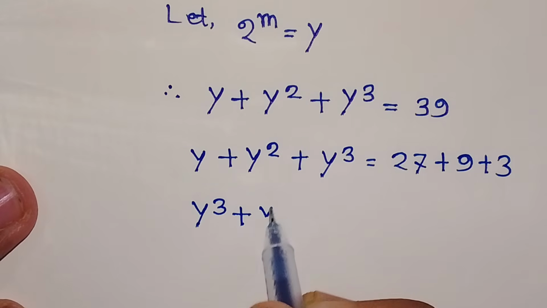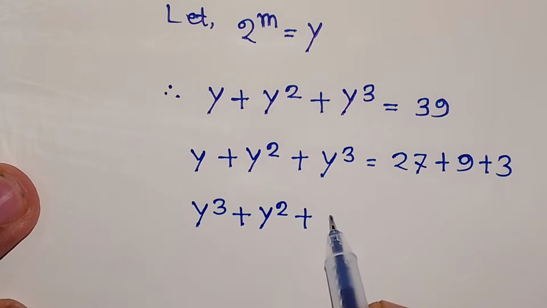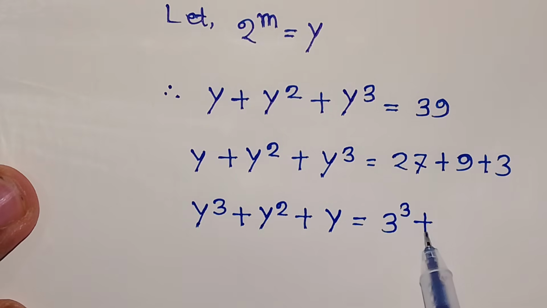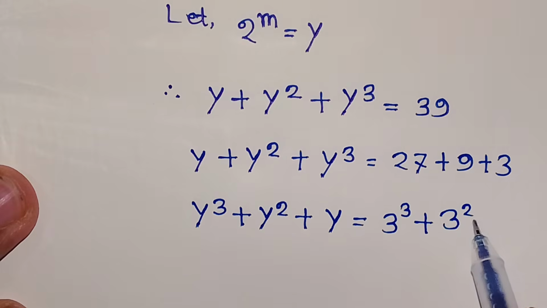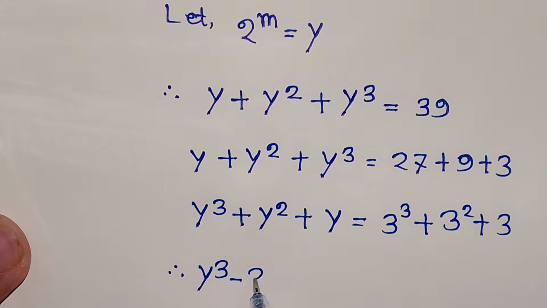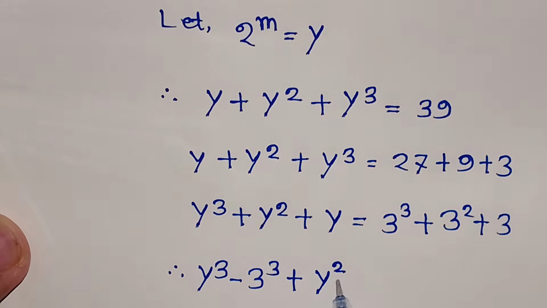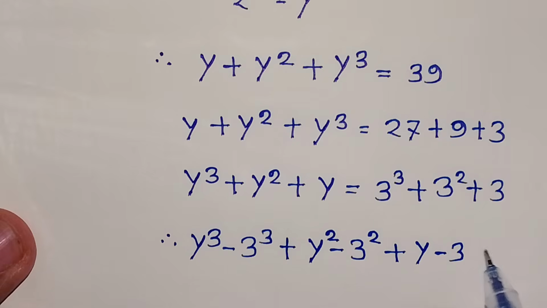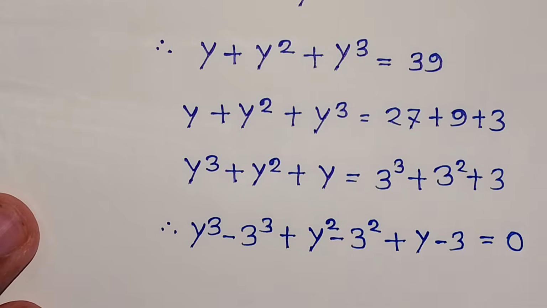Now we can write y cubed plus y squared plus y, as we can write 27 as 3 cubed, 9 as 3 squared, and 3 as 3. So we have to shift every right side into the left side, then we'll get y cubed minus 3 cubed plus y squared minus 3 squared plus y minus 3 equal to 0.